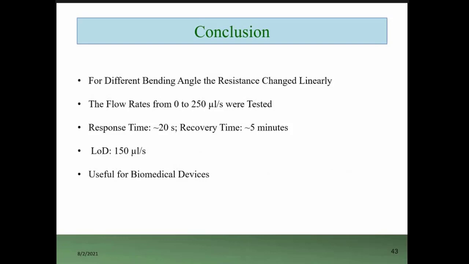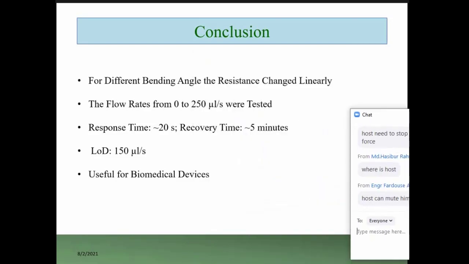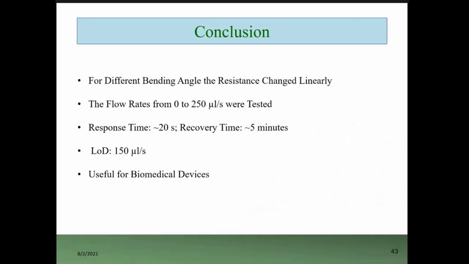For the system, the tested flow rate was within the range of 0 to 250 microliter per second. The response time of the system was 20 seconds, and the recovery time was 5 minutes, which is quite high. And the limit of detection of the sensor was 150 microliter per second.